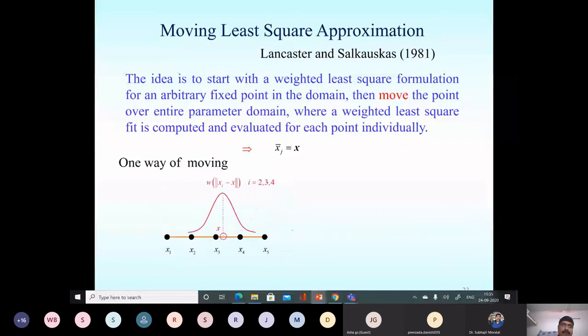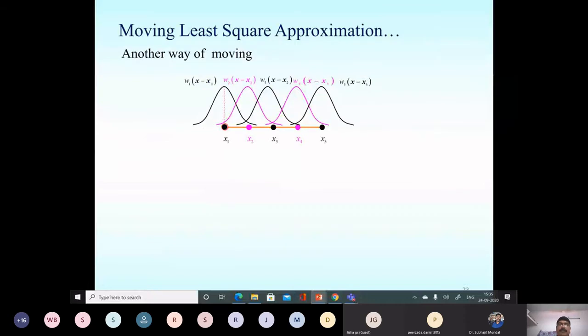If you take a particular point, you look at which nodes affect that particular point, so x2, x3, x4 will come into my approximation. Another way of moving is you fix the weight for all the associated nodes, and then move the point alone.